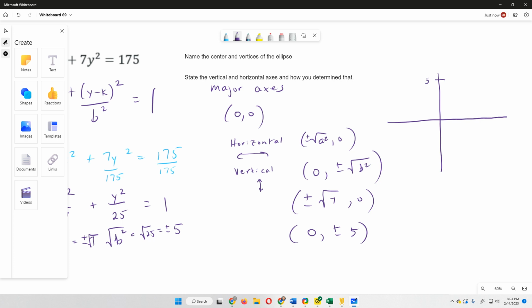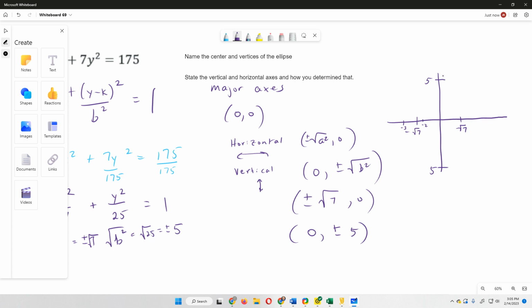We've got 5 and negative 5, and then we've got positive and negative square root of 7. The square root of 9 is 3, so this is definitely smaller than 3. The square root of 4 is 2, so it's in between 2 and 3.